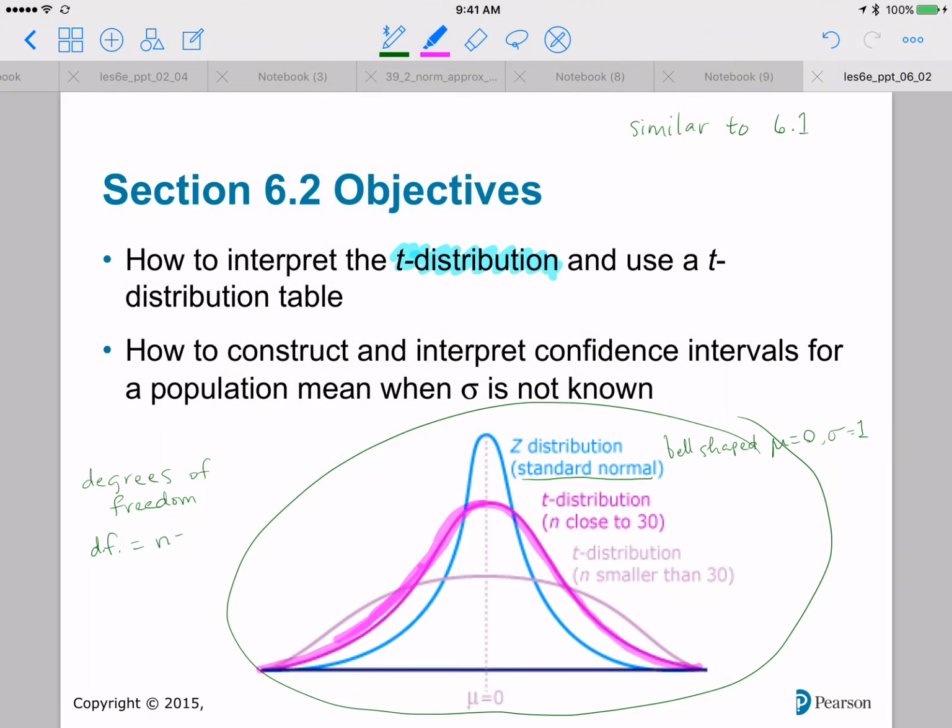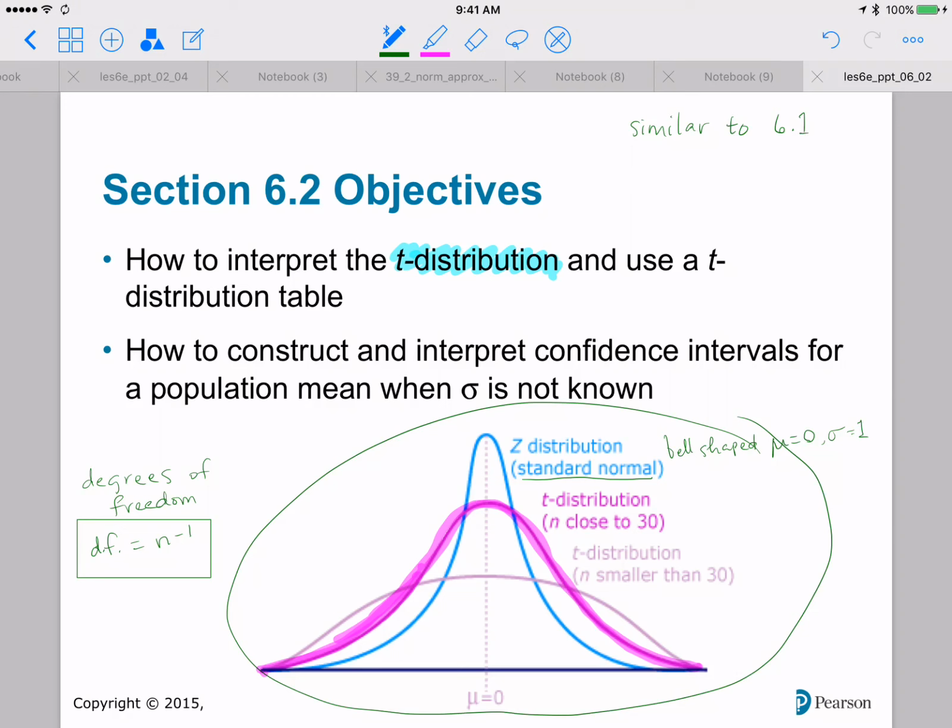So when we're doing our computations, what's important is the degrees of freedom. And again, the formula is always degrees of freedom equals n minus 1, where n is the sample size.